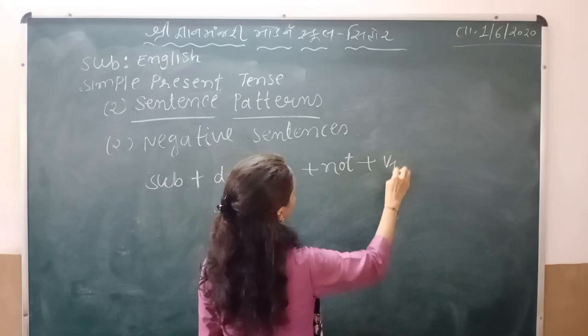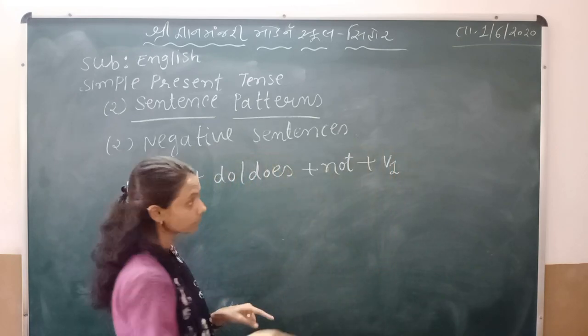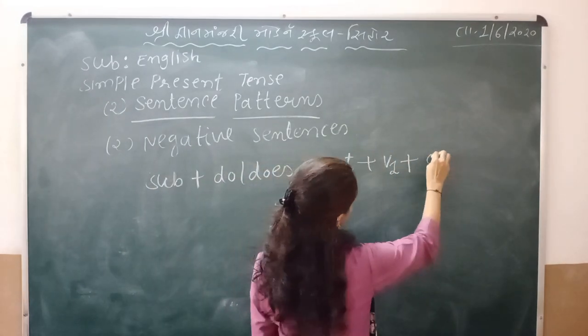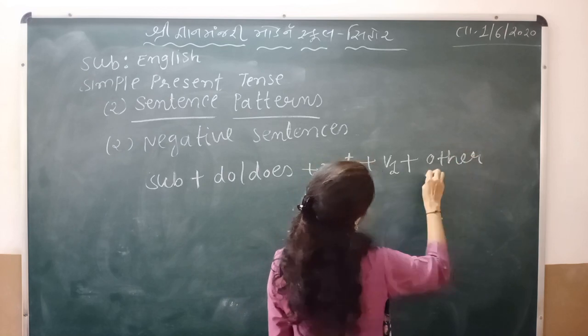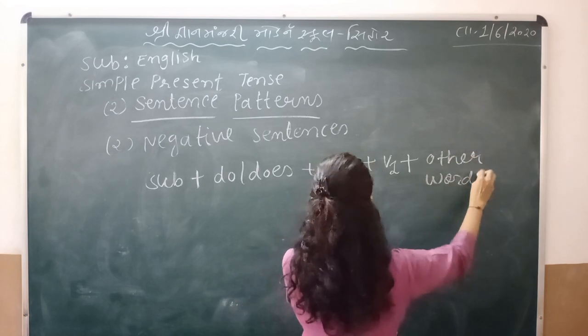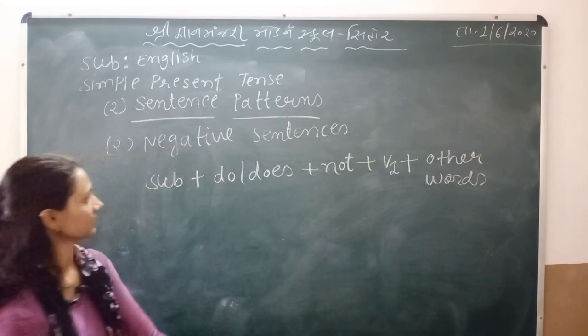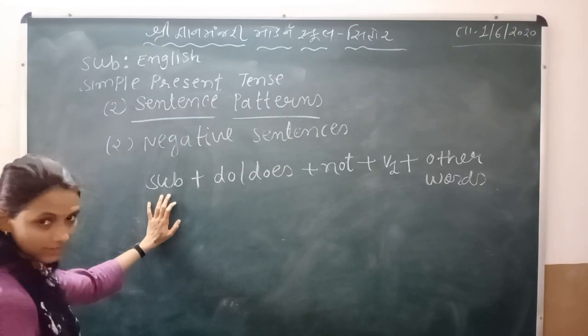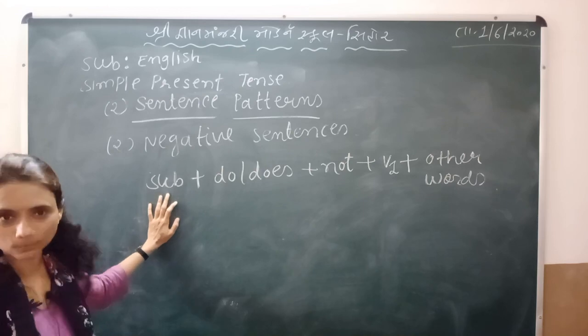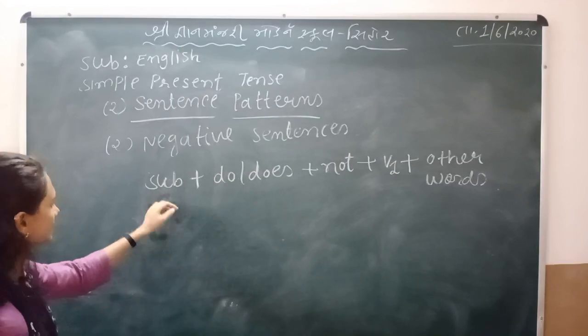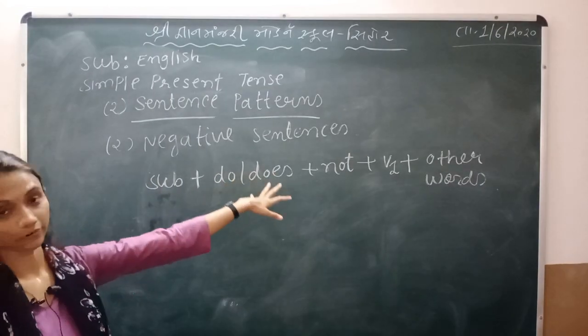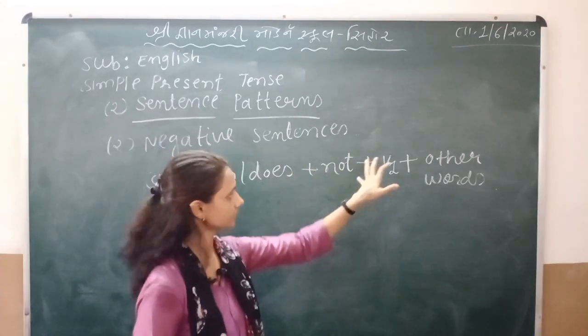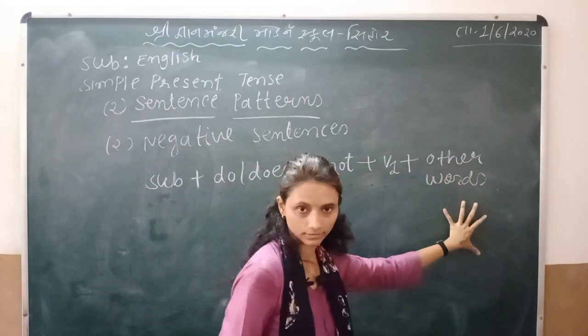After that V1, that is the base form of the verb, and after that other words. See, this is the sentence pattern. Let me repeat it. Subject, as we know that without a subject we can't make a single meaningful sentence. Subject, do or does, not, V1, other words.